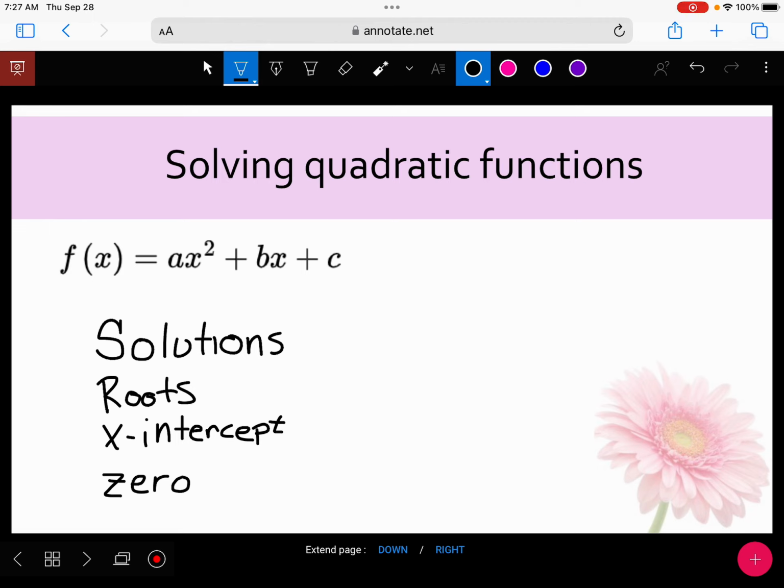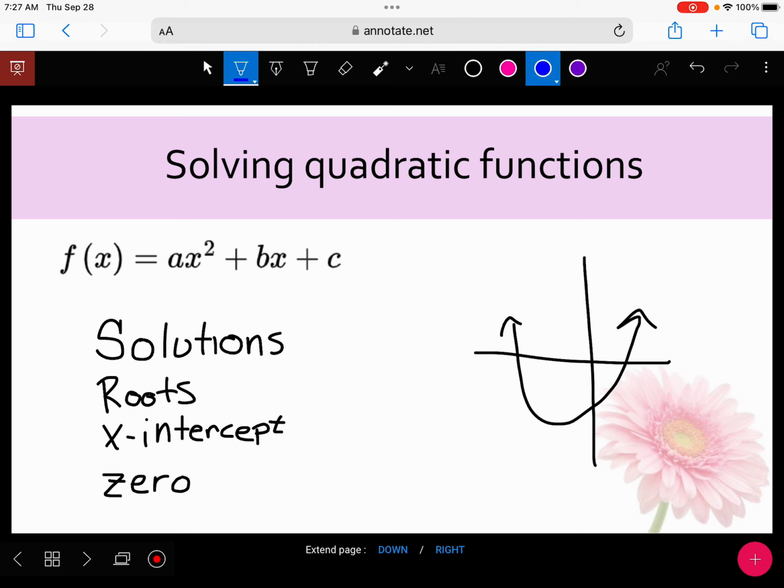So if we take that graph we just made in the bell work, where it looks something kind of like this, our solutions are the x-intercepts. Those are our roots. Those are our zeros. Those are the solutions.